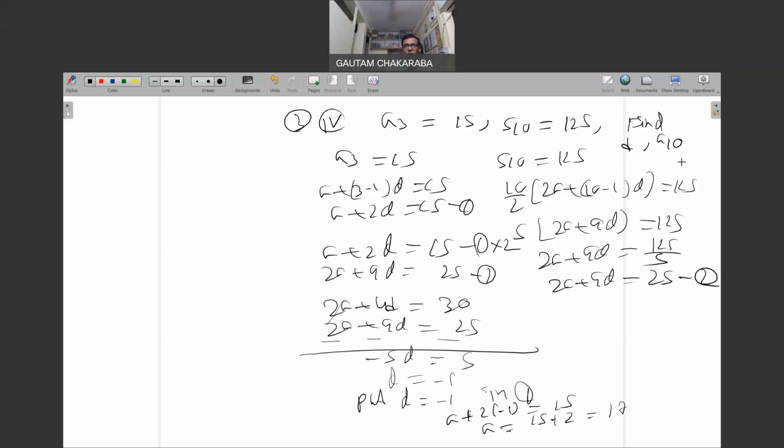Now after that, you find A10. You know the identity, the same identity we use each and every time. So A plus 9D, A is 17 and D is minus 1. Now calculate. What is the value? That is 8.